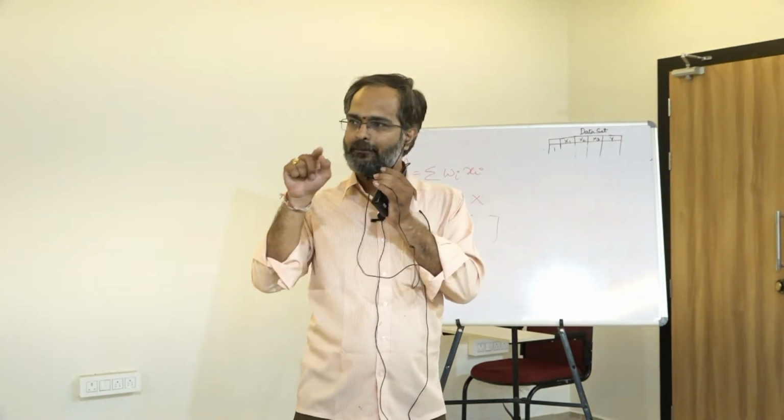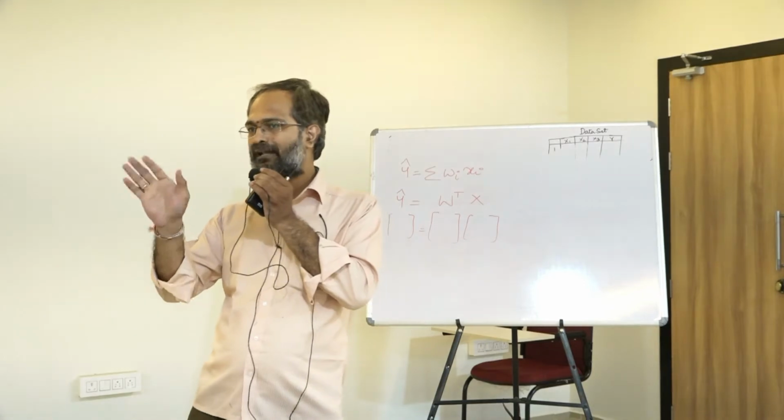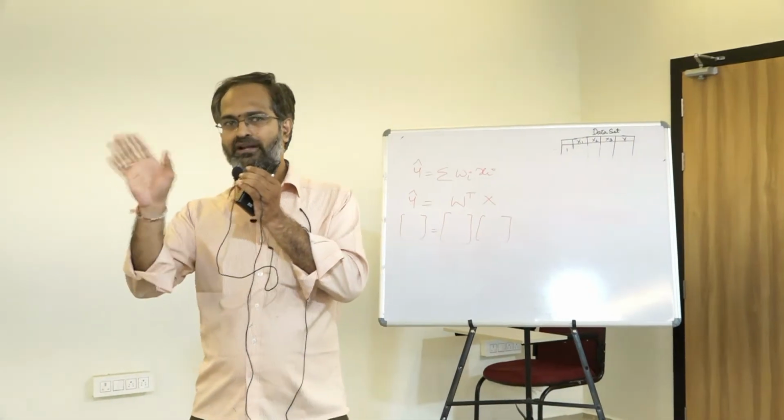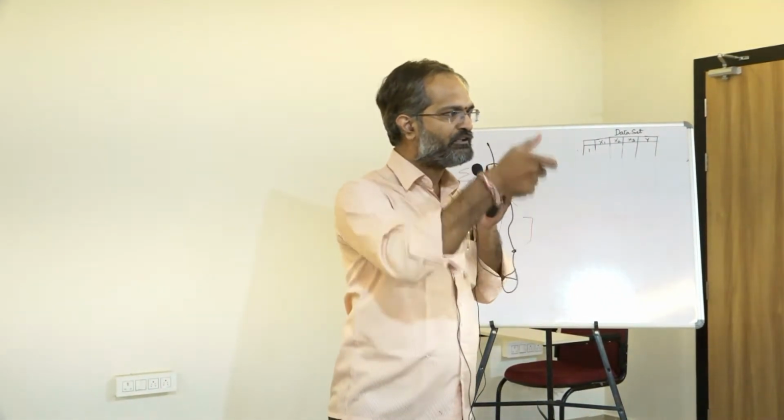Wherever you are using W1, W2, W3, beta 1, beta 2, beta 3, these are called parametric algorithms. And some other algorithms are also available, without using these parameters. We don't have the weights, we don't have the parameters. Those algorithms are called non-parametric algorithms.